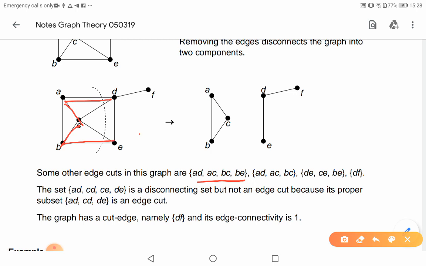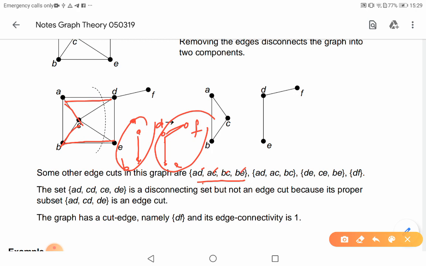You will get a graph like this, with A, B, D, E, and F. So you have two components here when you cut AD, BC, AC, and BE.